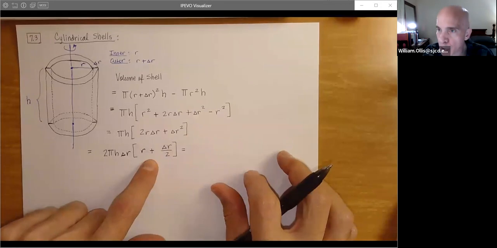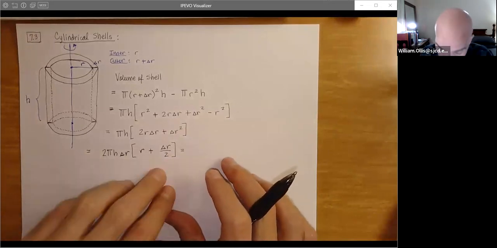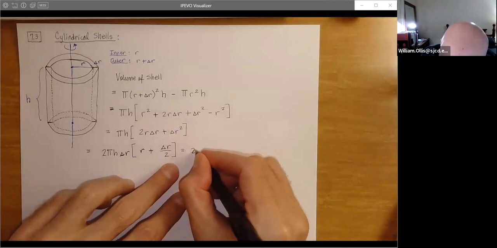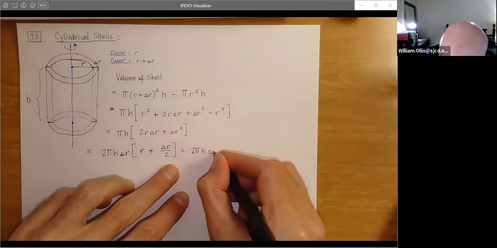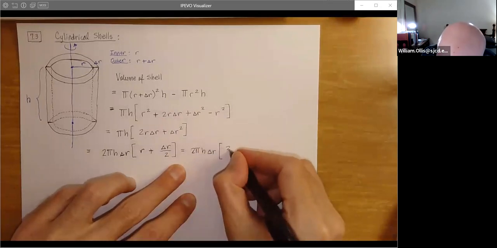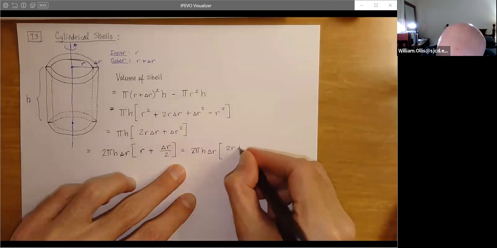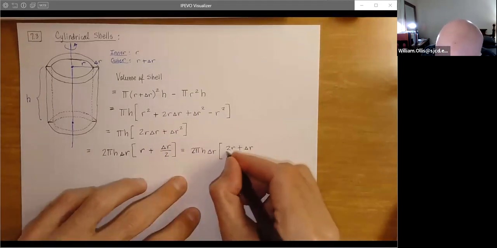Now what we want to do is show that we get like an average radius, like between the R and the R plus delta R, so we can get a common denominator. So the hard work is done, not that this has been overly difficult. So now we have a 2R plus delta R divided by 2.